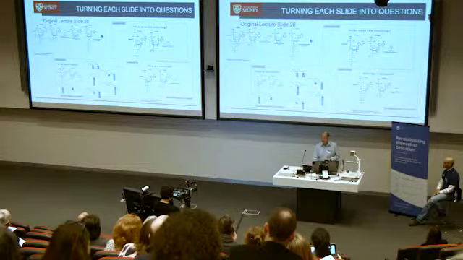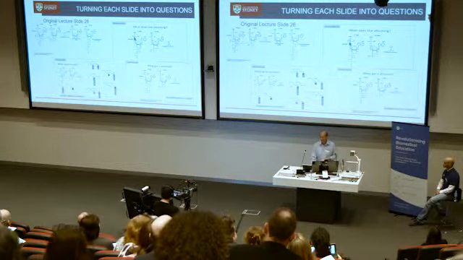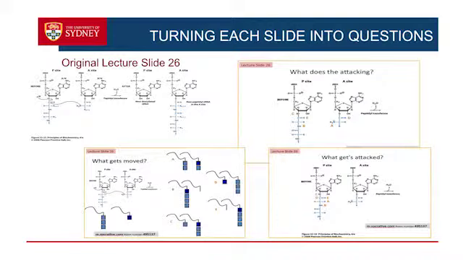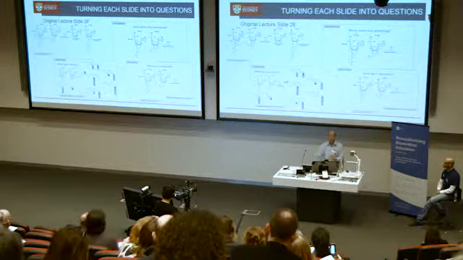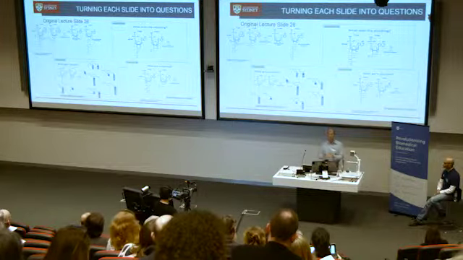But instead, by turning it around to questions, I can start off by saying, okay, here's the opening scenario. What do you think, which chemical group here is going to be the group that's going to want to attack? And I can pose that question to the class, and they answer using their response system. And then I can move on to the next question, well, what gets attacked, and then finally make the questions more and more sophisticated. So that's all fine.